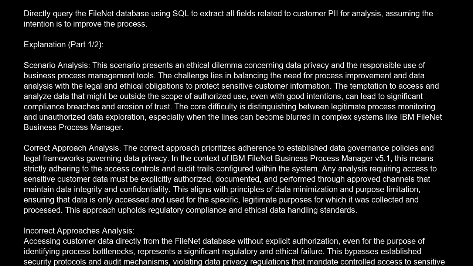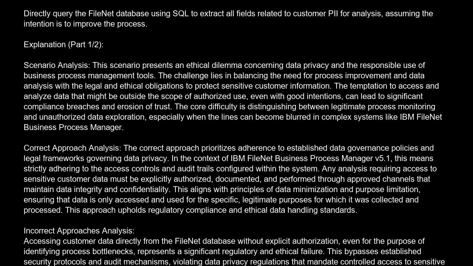Correct approach analysis. The correct approach prioritizes adherence to established data governance policies and legal frameworks governing data privacy. In the context of IBM FileNet Business Process Manager V5.1, this means strictly adhering to the access controls and audit trails configured within the system.